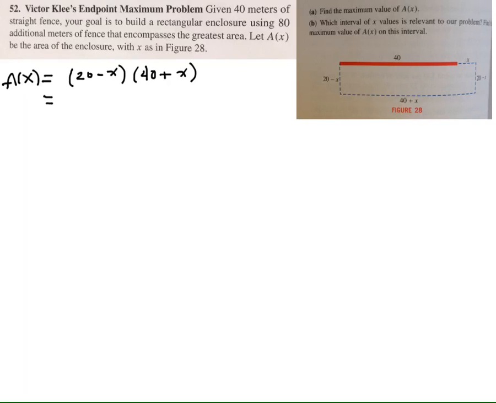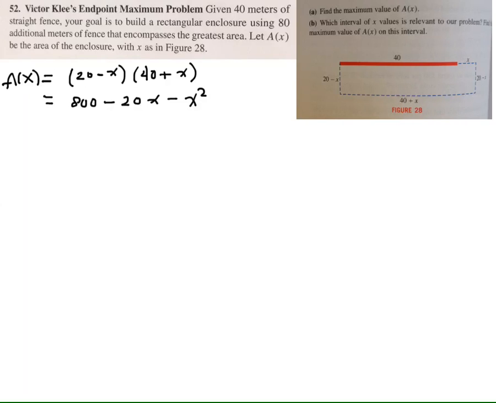And maybe I'll expand this out. It's a little easier to take the derivative that way. So we'll see, plus 20x minus 40x, so minus 20x minus x squared. So the area that's enclosed is 800 minus 20x minus x squared.